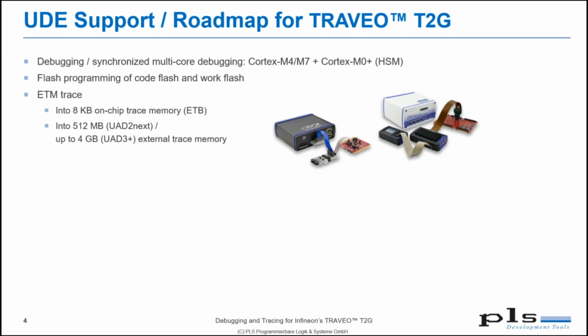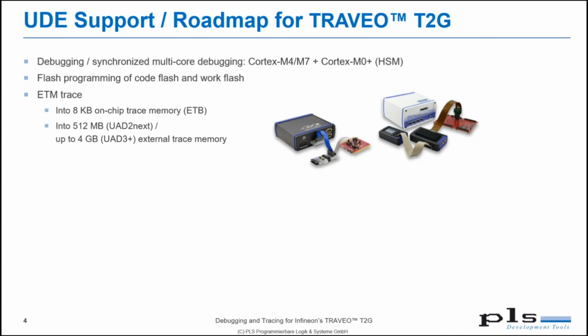for tracing. So for tracing, the UDE offers the option of recording the trace information in the on-chip trace buffer, the ETB, which is quite small, 8K. That's not too much, but you have also the option to transfer the traces off chip using an external parallel trace interface, and then you can store the trace information that you captured in the debugger hardware.